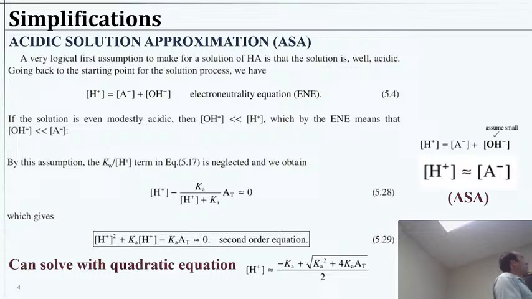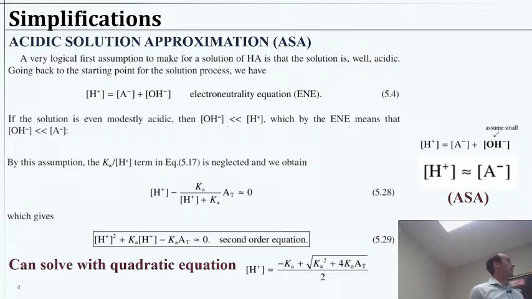Well, if OH minus is very small compared to the amount of that conjugate base A minus, which should be true even if we're a little bit acidic, right? So pH 5, for example, that's 2 orders of magnitude away from where H plus is equal to OH minus. So even that will make a very large difference. So if we're pH 3 or 4 or something like that, then this should hold true.